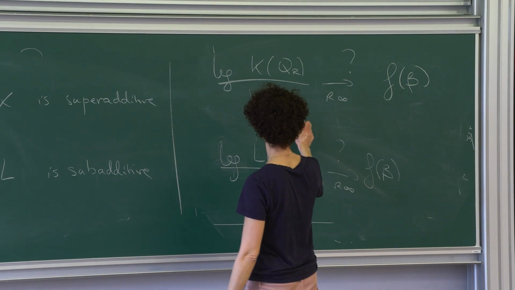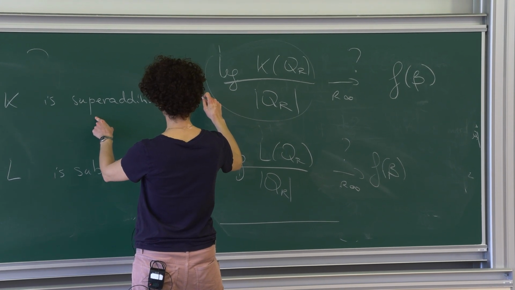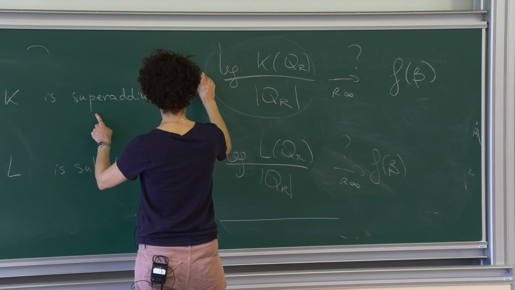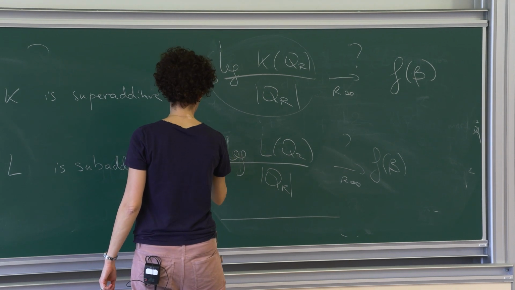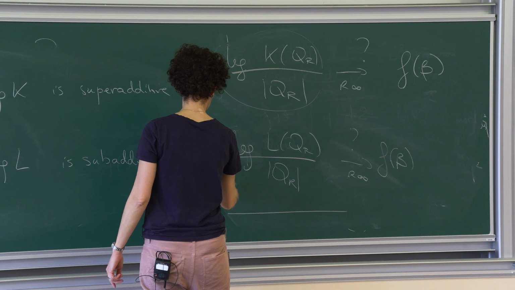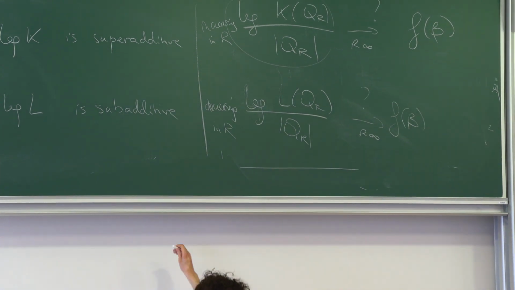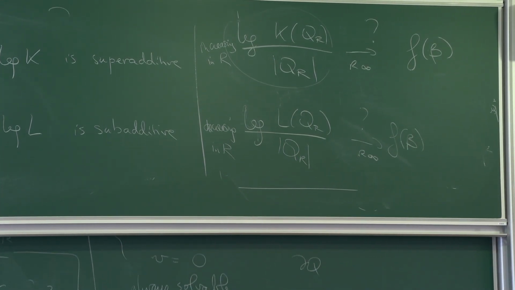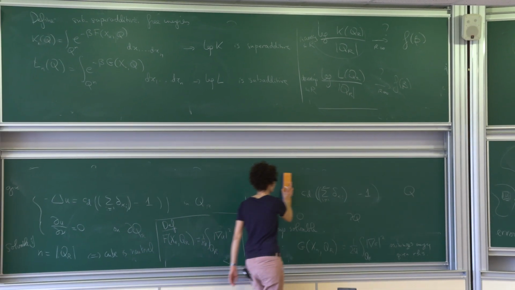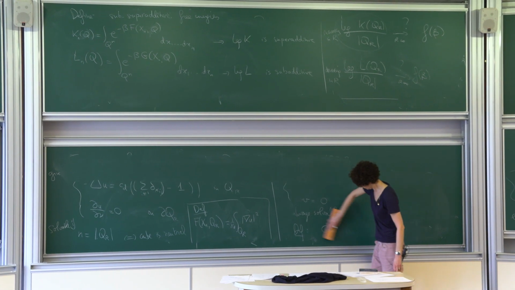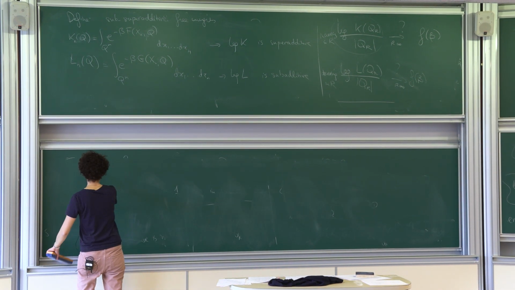So this one, because this is superadditive, this one is increasing. And this one is decreasing in R. So you have monotone quantities. Okay, so here is your limit.